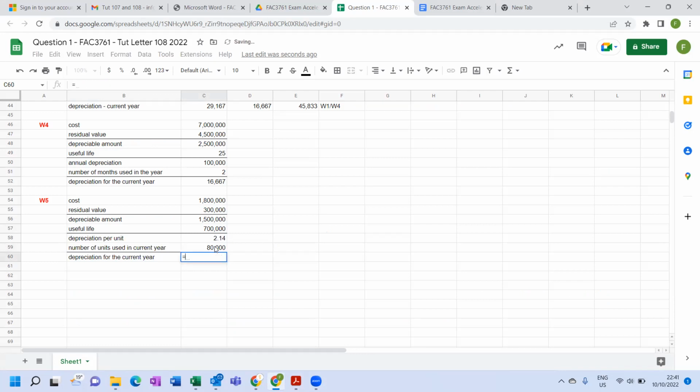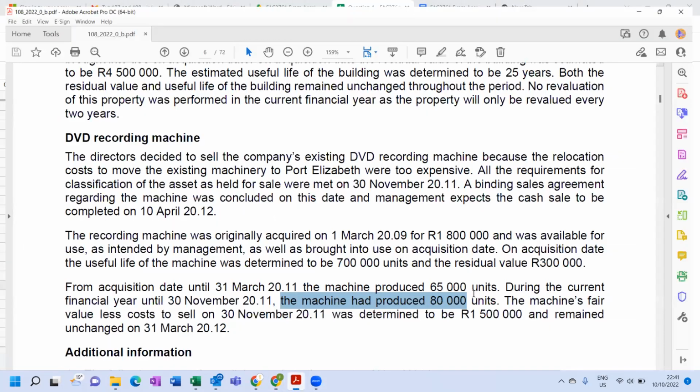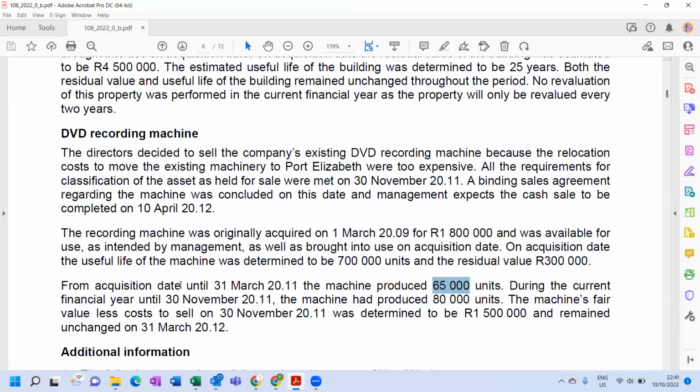So this answer will be the depreciation per unit times the number of units, 80,000. Then we can say number of units used up to 31 March 2011, and they told us it was 65,000. If I take you back, there you can see 65,000 units until 31 March 2011.